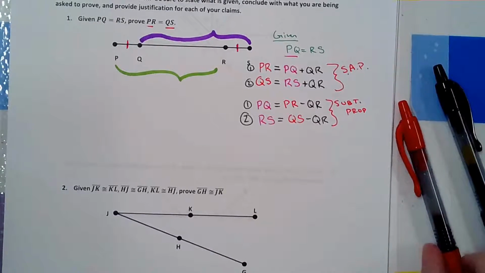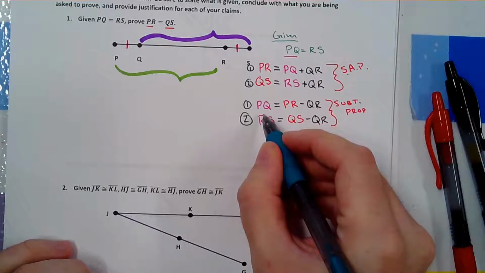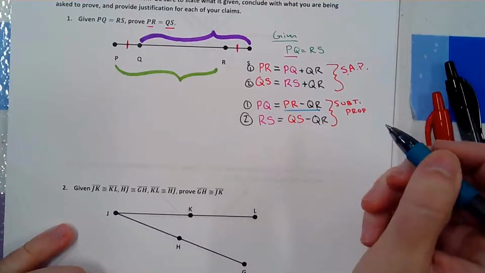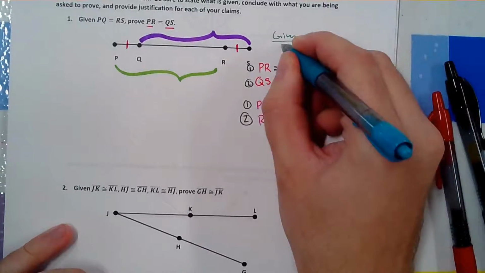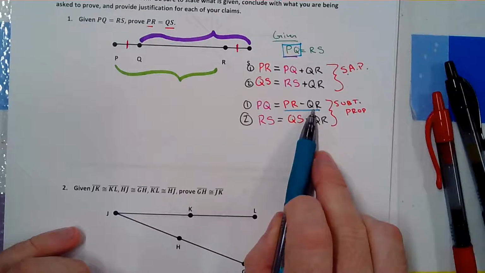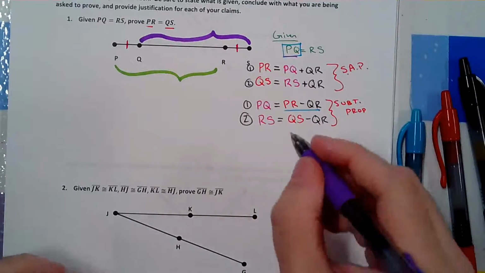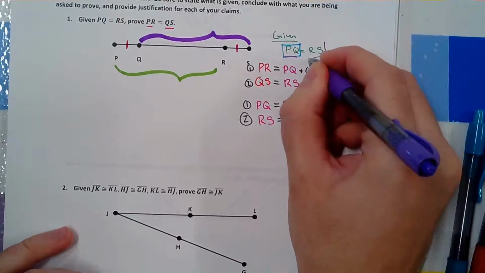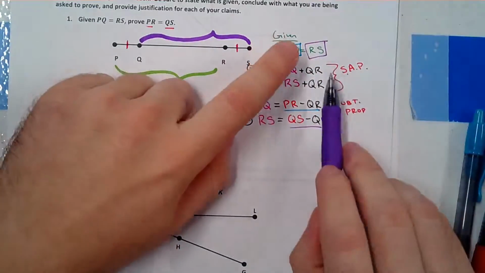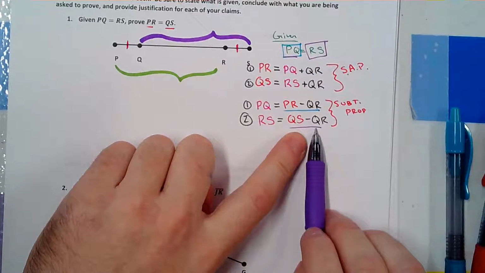Now check it out. This is PQ, right? PQ is this stuff. So wherever I had PQ, I can switch it out for this stuff. Wherever I had RS, I can switch it out for this stuff. So instead of writing PQ equals RS, I can write PR minus QR equals QS minus QR.